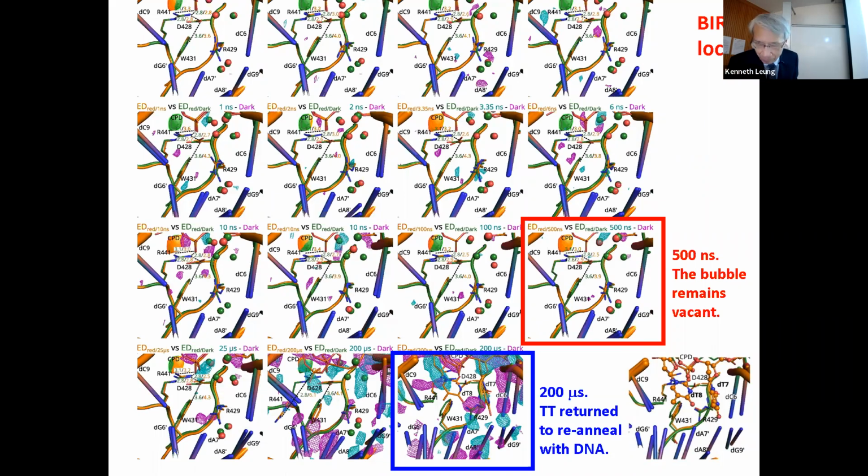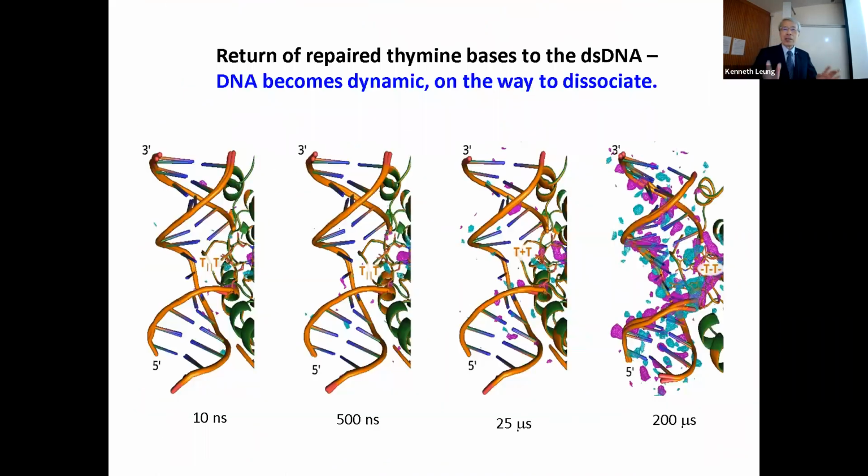At that time, the product DNA is supposed to be released, okay, but not yet. I think at that point, DNA still hangs around. Okay, it's just about the time to release. So at that time, you see a lot of different densities. That means there's dynamics there.